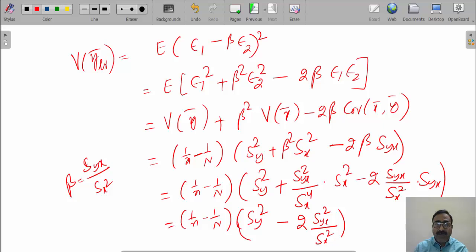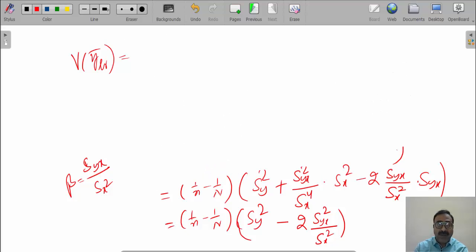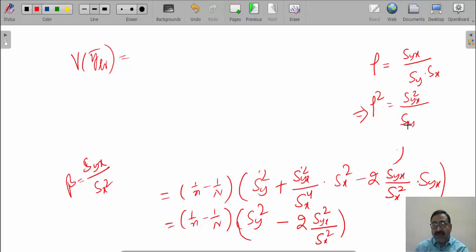So we have rho is the population correlation coefficient between y and x, rho equal to syx by sy into sx. So rho square will be syx square by sy square sx square.